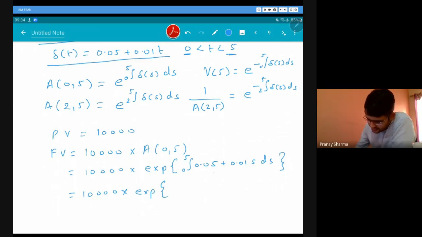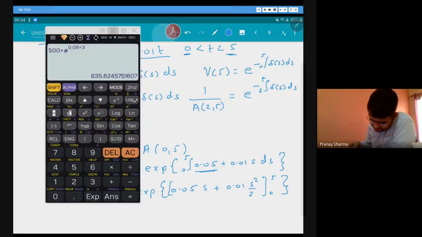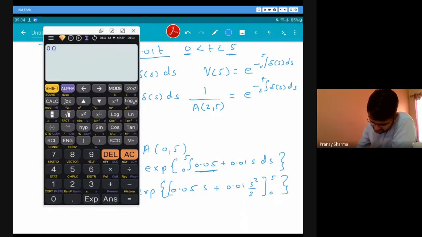Here we will get the integration of a constant, so 0.05 s, plus 0.01 s square by 2. Then I'll substitute the limits. And we are getting 0.375.